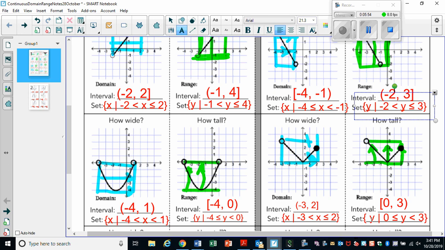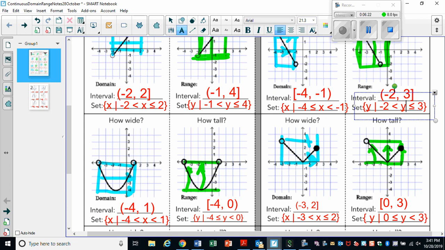And for this problem here on the right, we start at 0 because the graph touches the x-axis, so y is 0. Therefore, we have a bracket, 0, comma, and it's only 3 units high, so 3 is our upper boundary, and we have to use a parenthesis because it's an open circle.